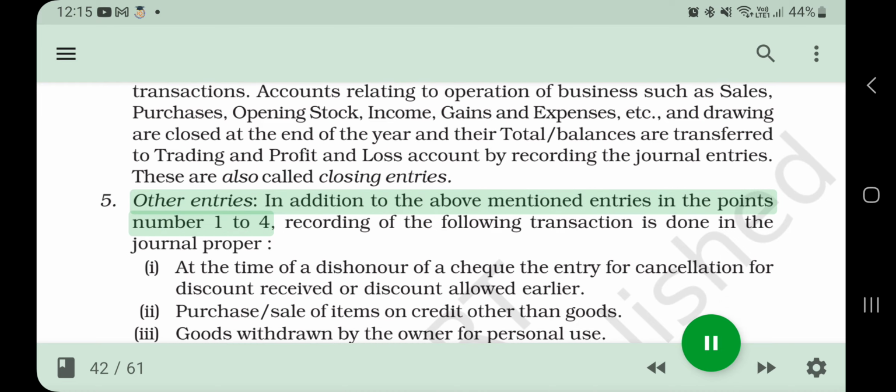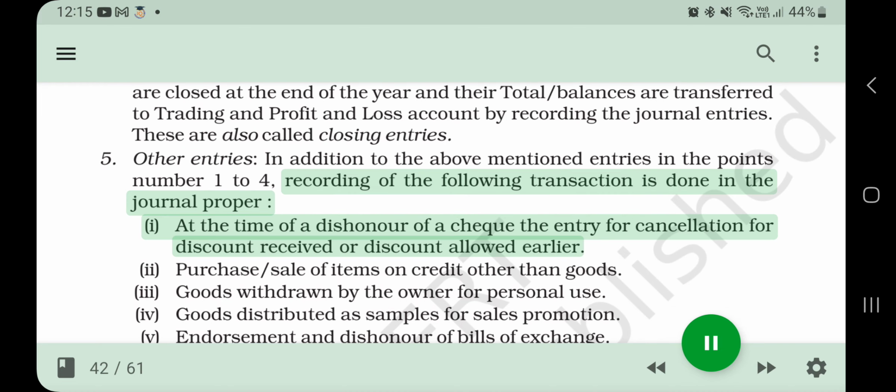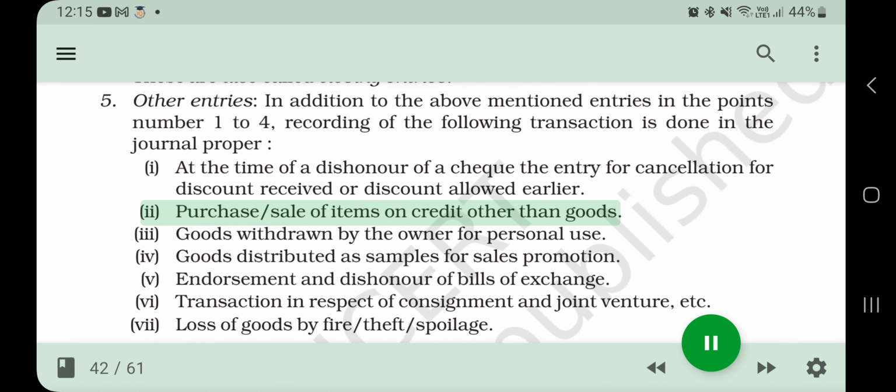5. Other entries. In addition to the above mentioned entries in points 1 to 4, recording of the following transactions is done in the journal proper. i. At the time of dishonor of a cheque, the entry for cancellation of discount received or discount allowed earlier. ii. Purchase, sale of items on credit other than goods. iii.